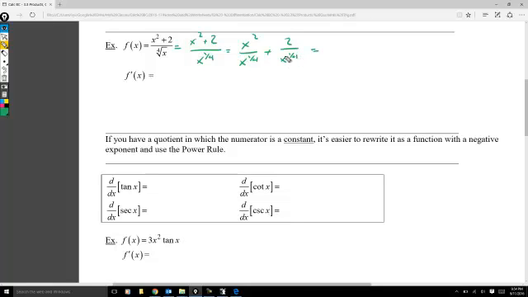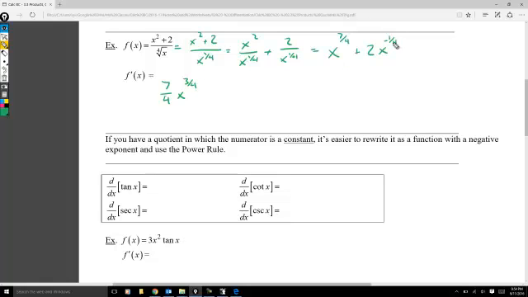Remember when we divide, we're subtracting our exponents. So I have x to the 1 3/4 or 7/4 plus, and then we have 2x to the negative 1/4 power. Now I can take the derivative of this kind of normal. I'm just adding. I don't have to do product rule or quotient rule here. So the derivative of x to the 7/4 will be 7/4 x to the 3/4 power.